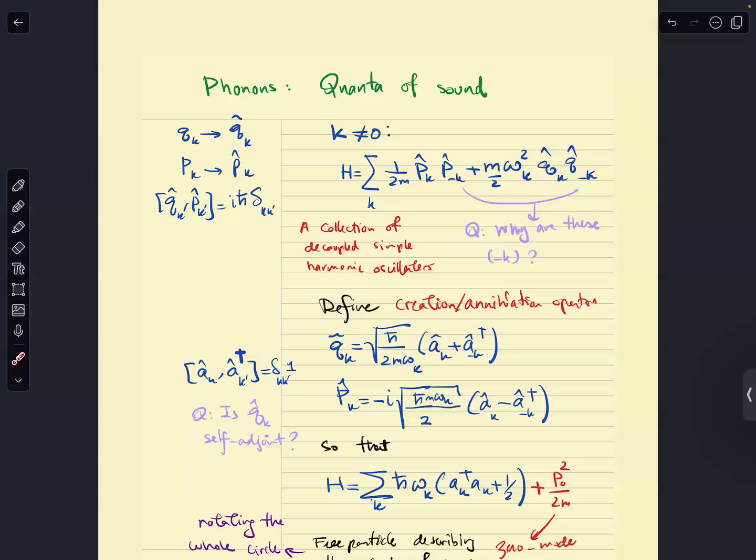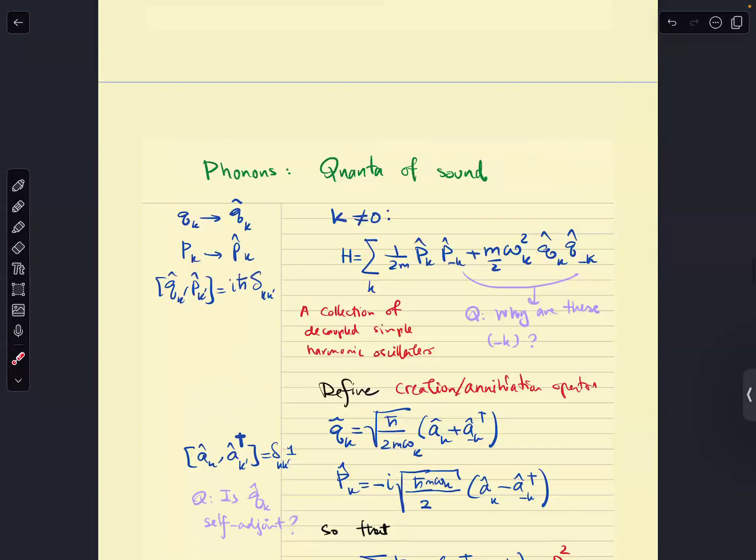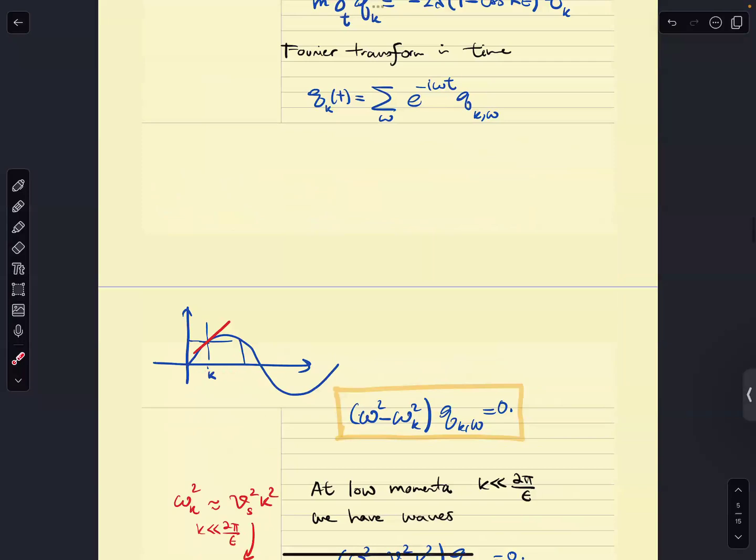Sorry, I have a question. Can we say something about the high momentum limit, or nothing? Oh, you're saying that they just oscillate, right? Sorry, maybe I did not understand your question.